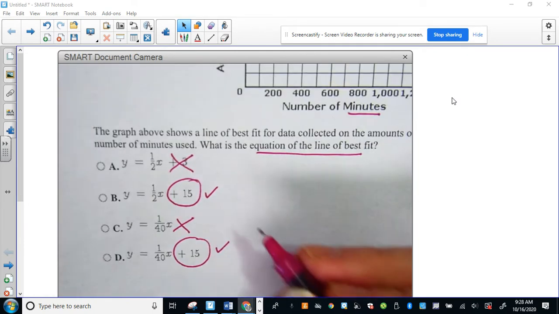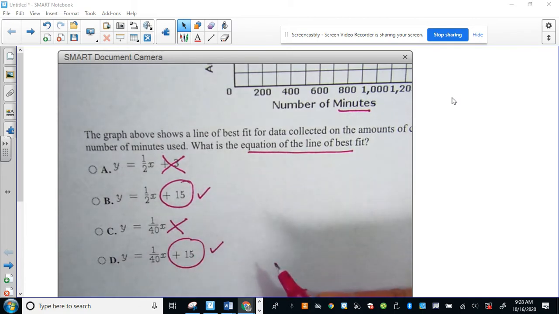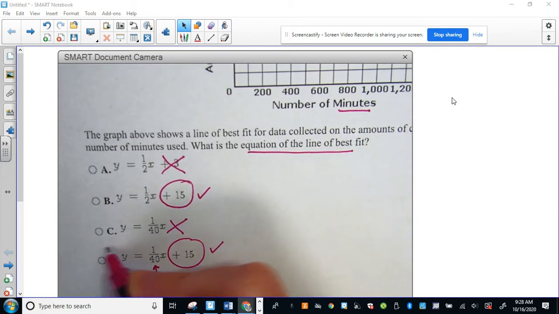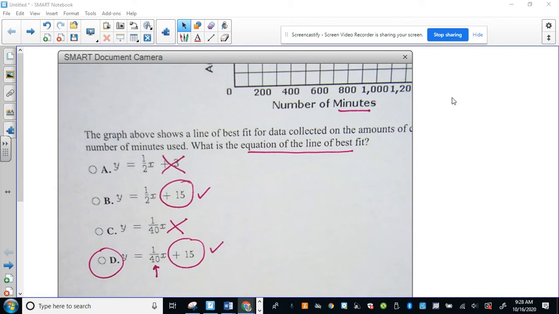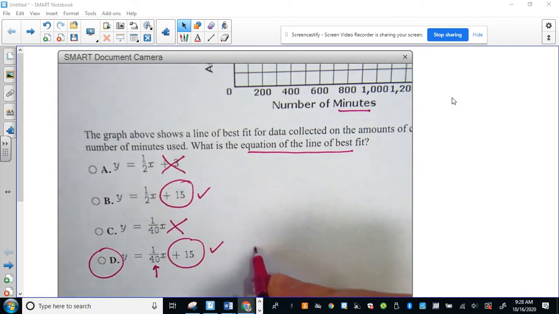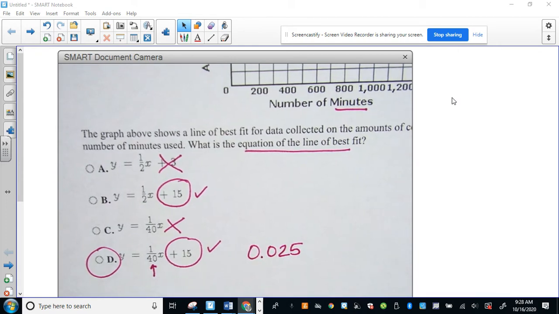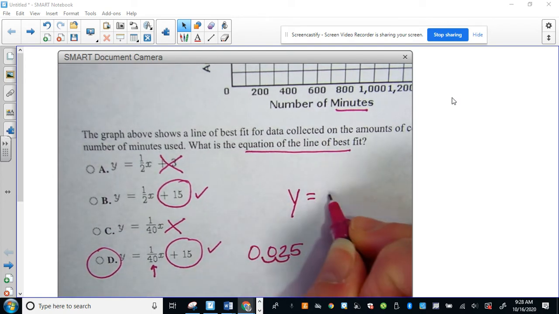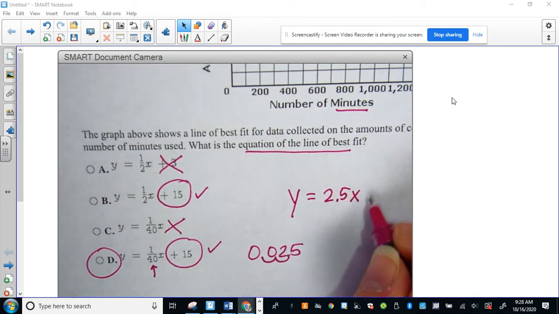And 15 over 600 reduced is 1 over 40 for your slope. So 1 over 40 is here. Choice D. 5 is D. 1 over 40 is 0.025. So basically that's 2.5 cents. So I would write this as 2.5x plus 15.